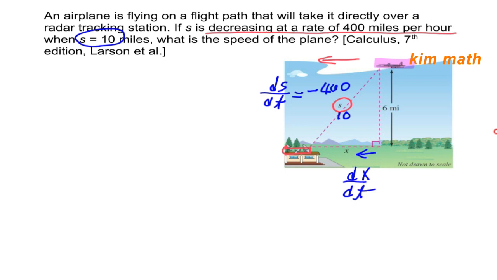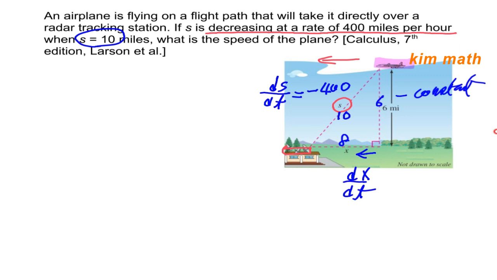And one more piece of information: this side is 6. Using the Pythagorean theorem, this is 8, right? But please note that in this case, 6 is the constant. But 8 and 10 are not constants. They are values at some specific moment.